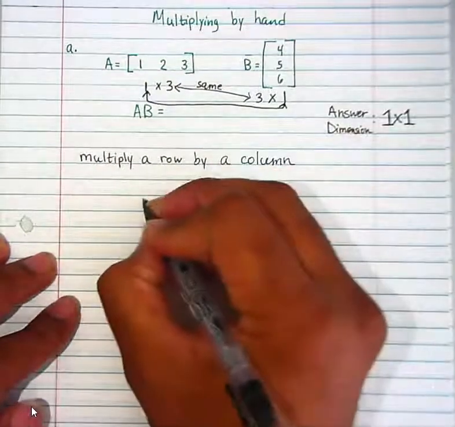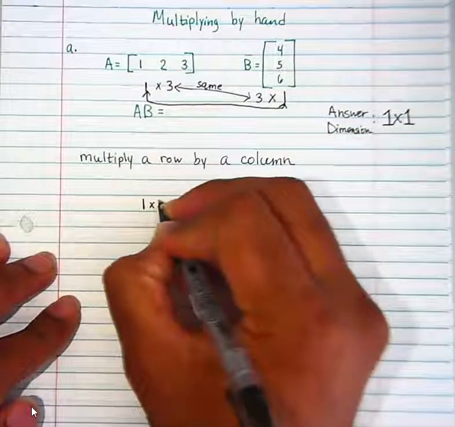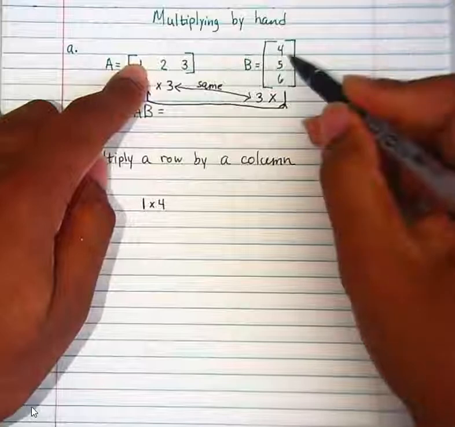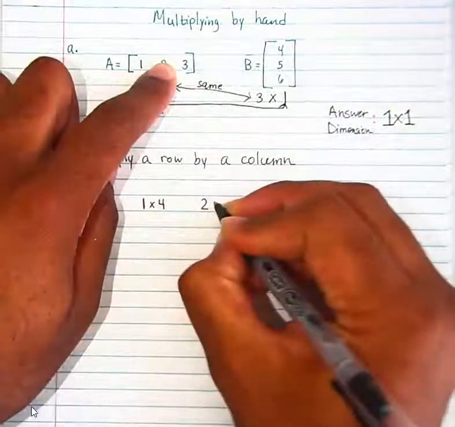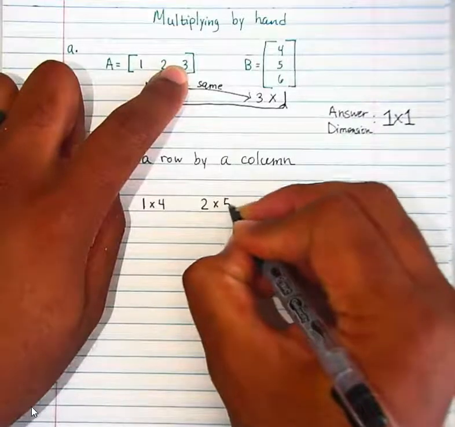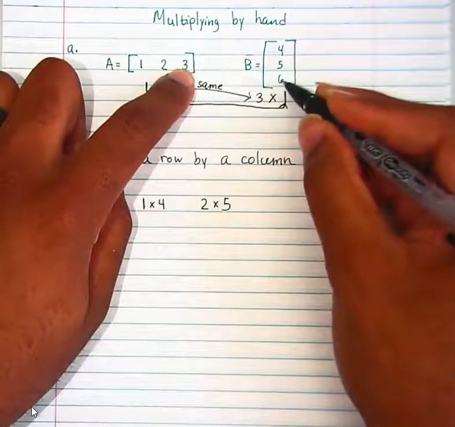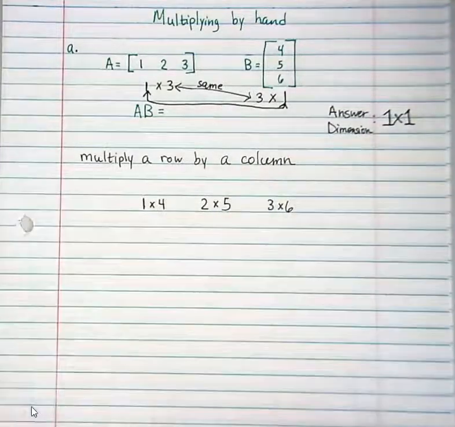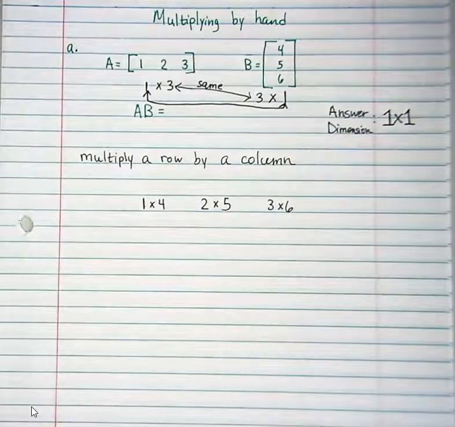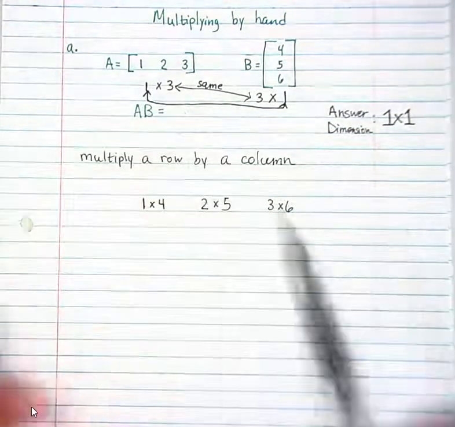We're going to do 1 times 4, 2 times 5, and then 3 times 6. Now, if that confuses you a little bit because it kind of looks like dimensions, let's fix that.